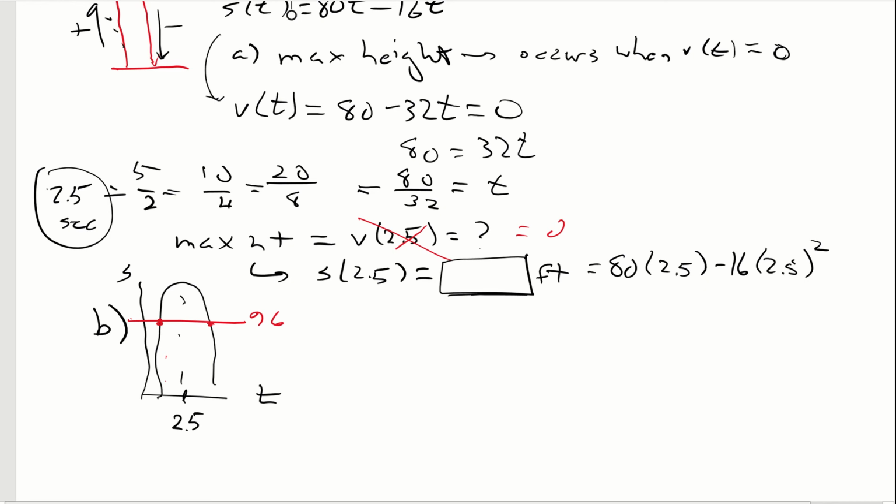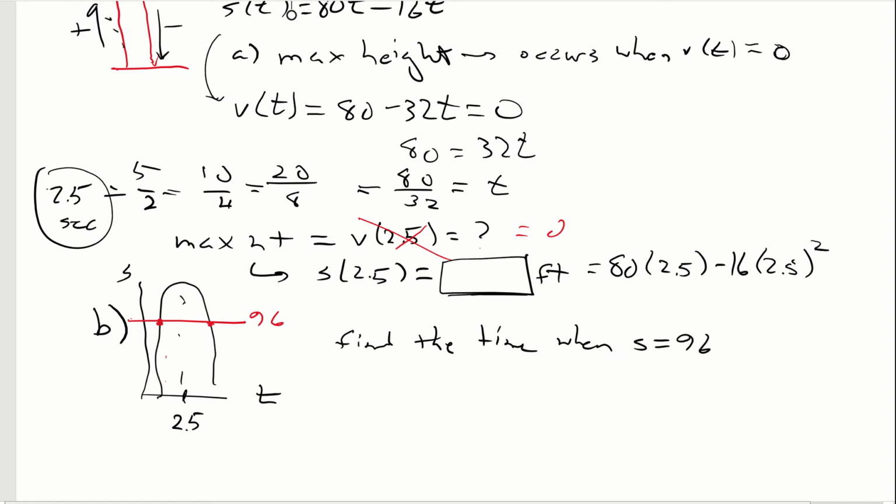So in order to solve this problem, it says what's the velocity when it's 96 feet high? In order to do that, we would have to, first of all, find the time when S is 96.